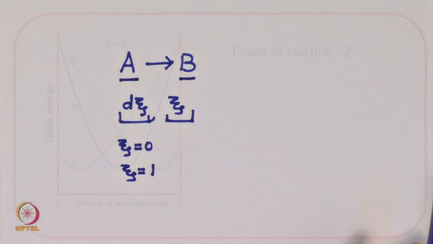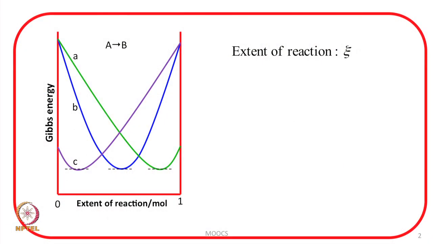Now, let us take a look at the slide. We again take this example of A going towards B, and if we plot the overall Gibbs energy, by overall Gibbs energy I mean Gibbs energy of A plus Gibbs energy of B, total Gibbs energy versus the extent of reaction, the behavior, let us first look at B. The behavior, let us say it could be like as seen in B, that there is a minima.